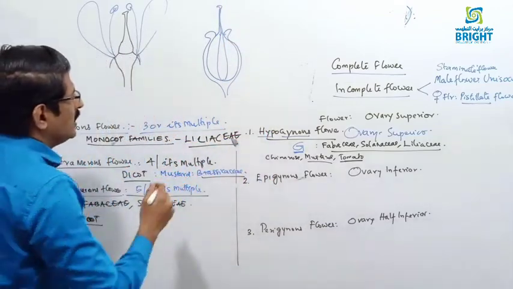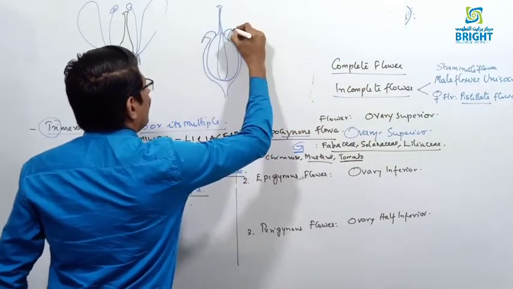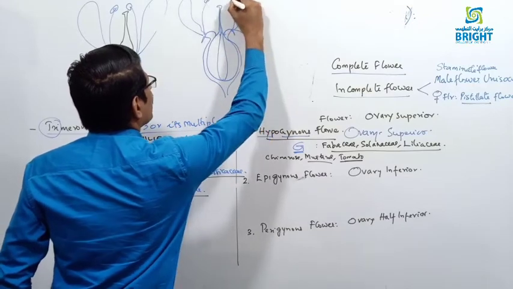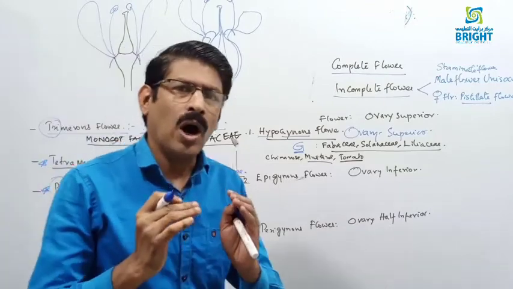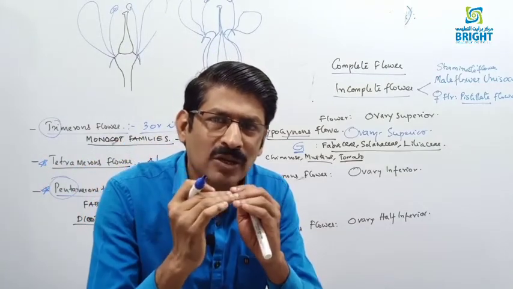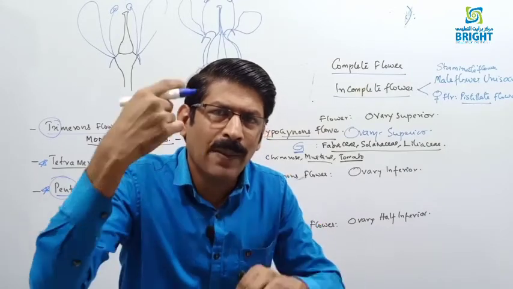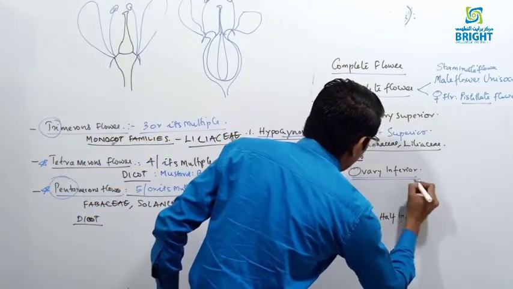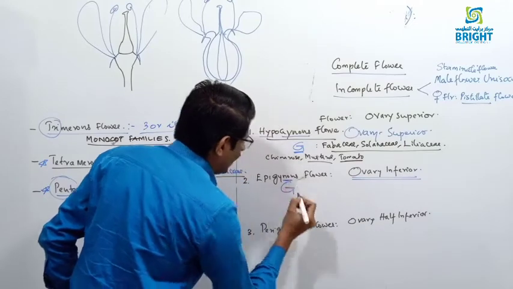So the gynoecium is below all the other floral parts, the margin of the thalamus grows upward and completely encloses the ovary, and all other floral parts develop above it. That is why the ovary is inferior, and it is represented by G upperlined.